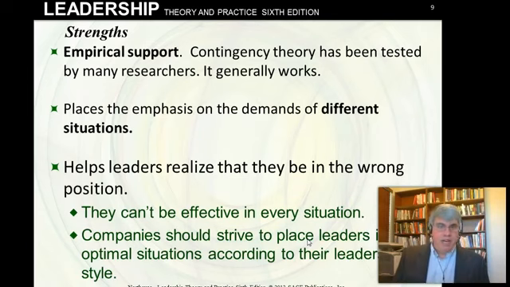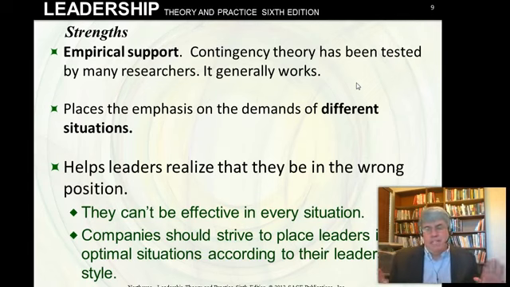Now, the strength of this theory is that there's empirical support. It's been tested by many researchers and it generally works. The exact definition of what very favorable and very unfavorable are isn't always clear, but we know that at those extremes, low LPC people do better.